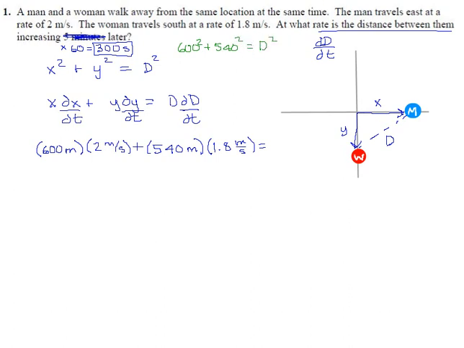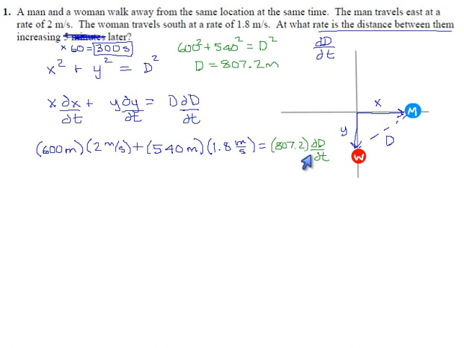And now we mash our calculators for a moment. I get 807.2 meters for the straight line distance between them. That's our D. 807.2. And then we have dD/dt.